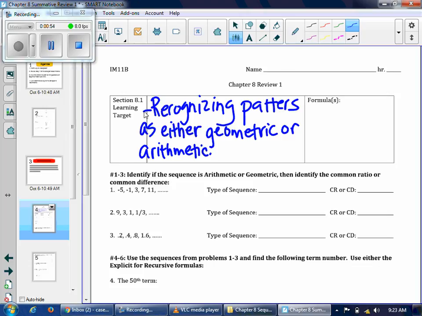That's what we did during this section. The two formulas that you used during this section were the explicit and the recursive formulas. Unfortunately, my box is too small to write all the formulas, but you should have them written down on your key terms.